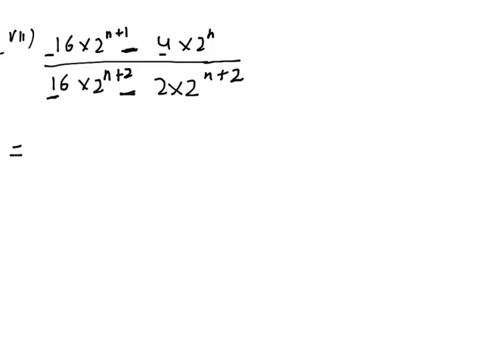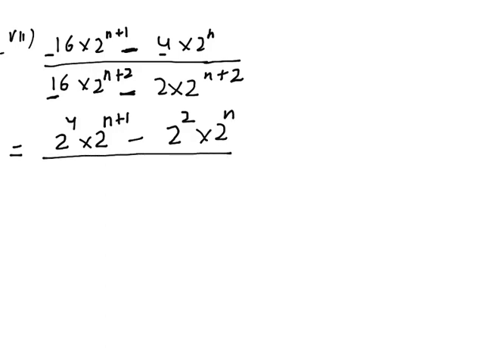So 16 we can write as 2 raised to the power 4 times 2 raised to the power n plus 1, minus 4, which we can write as 2 raised to the power 2, times 2 raised to the power n, divided by 2 raised to the power 4 times 2 raised to the power n plus 2, minus 2 times 2 raised to the power n plus 2.